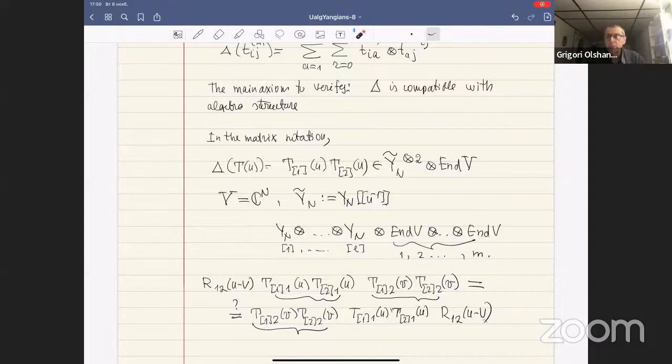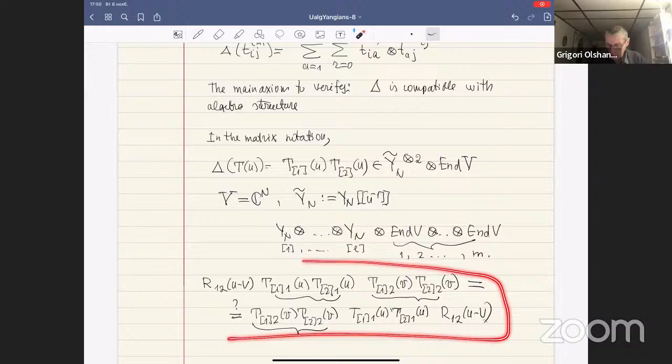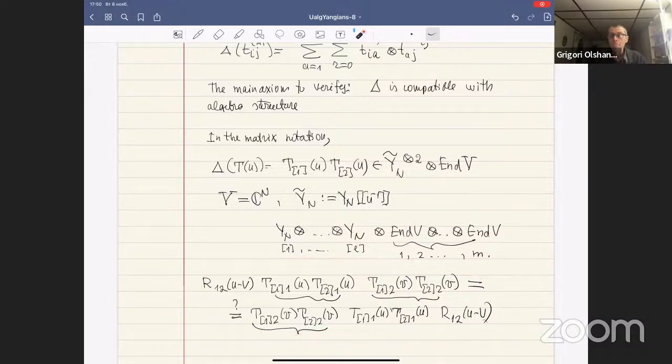And using this and applying the RTT relation, one can easily prove this. I will do this computation in more detailed form in the next lecture. I would like only to indicate the idea, and it is actually very simple. Okay, let me stop at this moment.